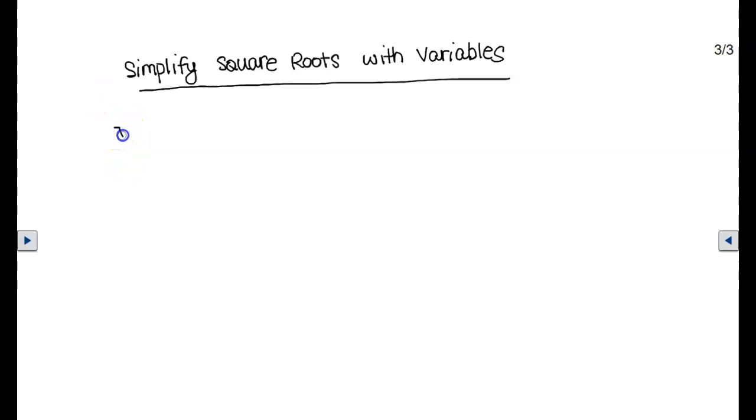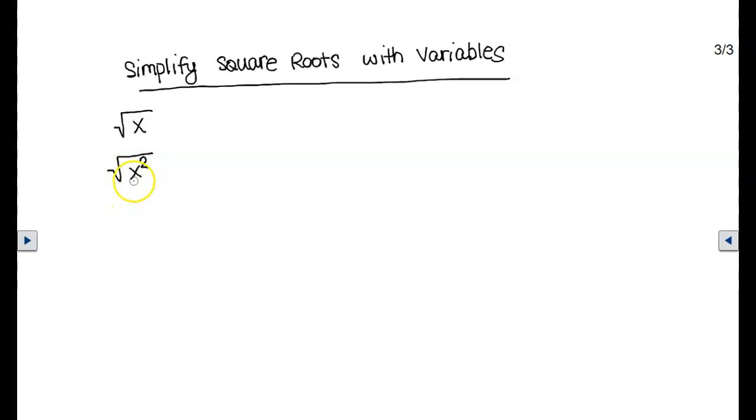Let's start with the square root of x to the first power. That means what number or what can I multiply times itself and get x as the answer? There's nothing that will do that. So this is a square root that I wouldn't be able to do. So now let's do the square root of x squared.